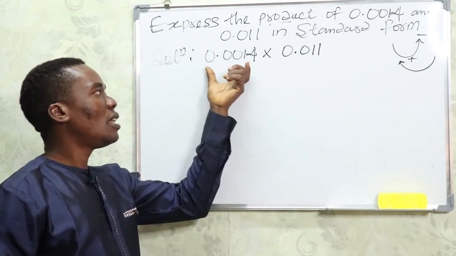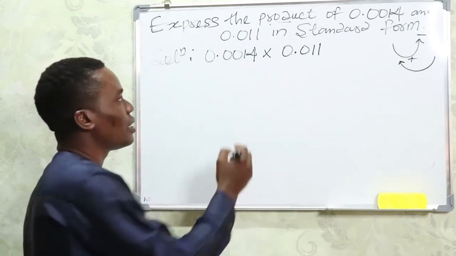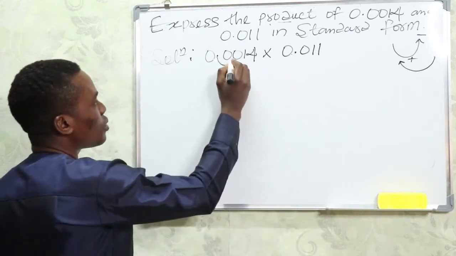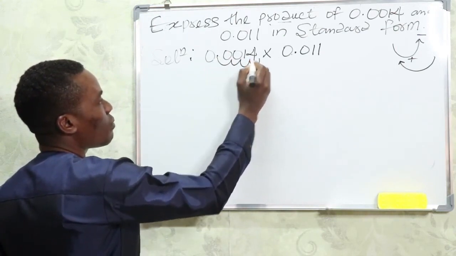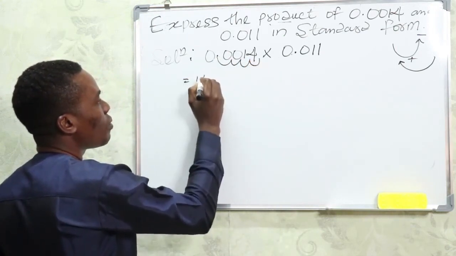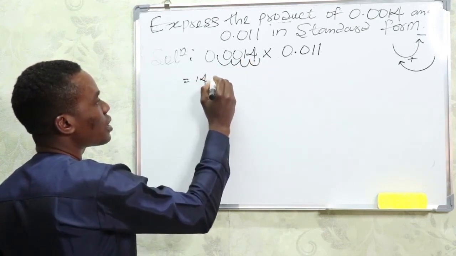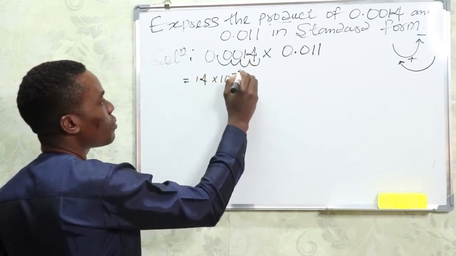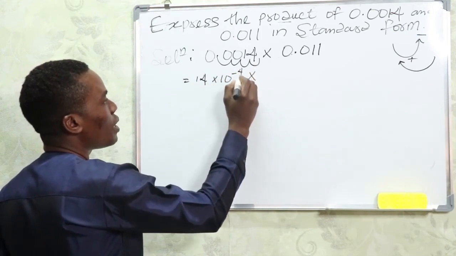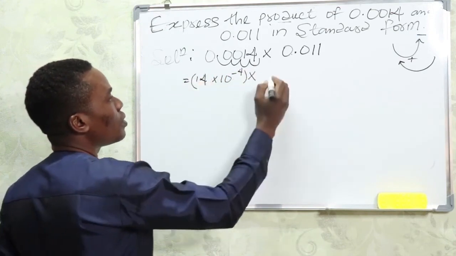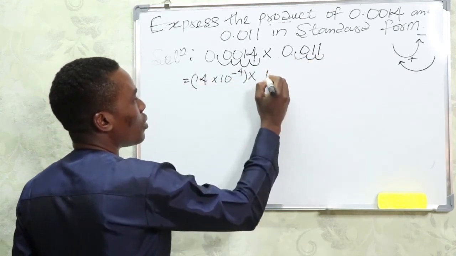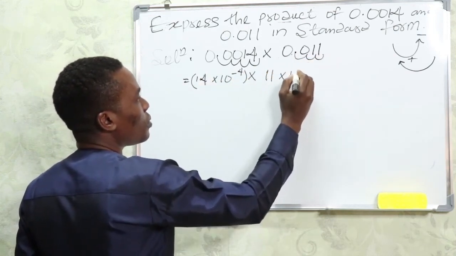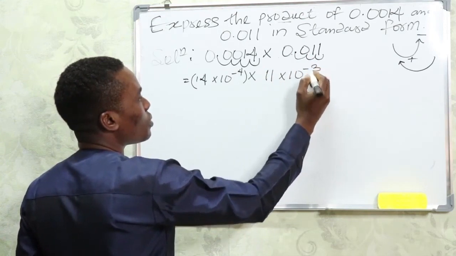So let's go. We'll be counting from our left hand side to our right hand side. If we count, this will give us 1, 2, 3, and 4. So that will give us 14 times 10 raised to power minus 4, multiplied by 1, 2, and 3, which gives 11 times 10 raised to power minus 3.